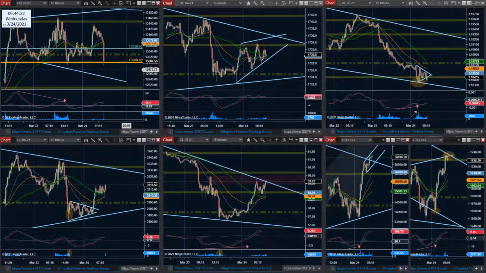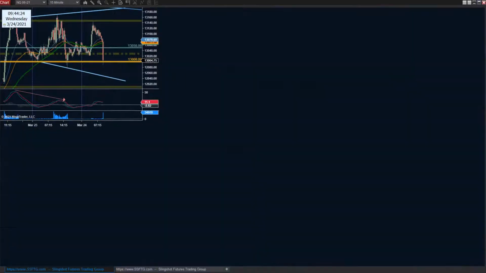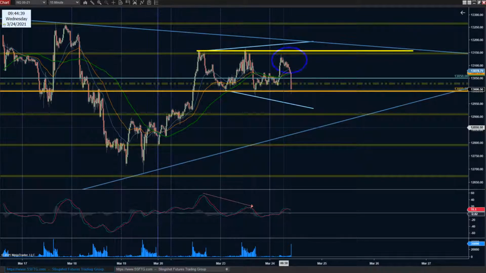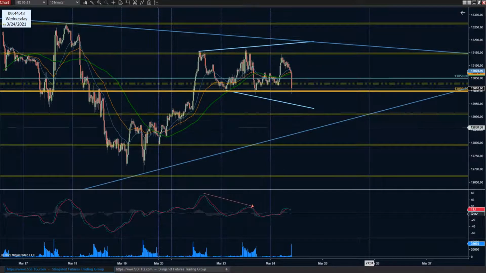Big old dive to the downside on the NASDAQ. So again, you can see this 13,000 area. I mean, it's a pretty big tipping point, because if the buyers can hold here, then we have a higher low and a failed completion of the megaphone. So that would be a really good sign of strength. But this is also an inside swing that hasn't really even tested and is now failing lower too. Ugh.